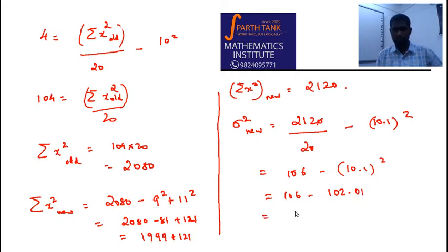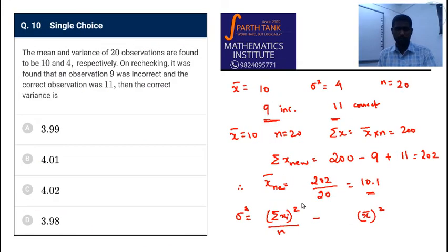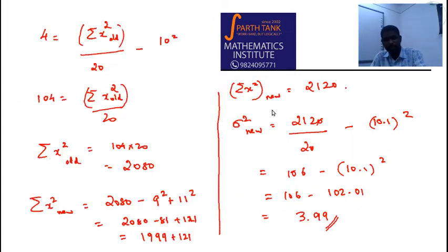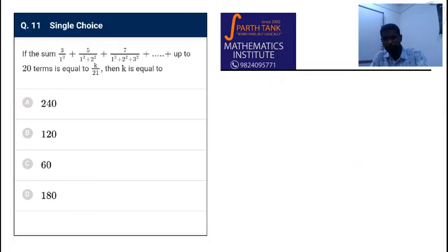Okay, and this on subtraction is 3.99. So the answer is 3.99, option A. A very simple problem, nothing much to worry. Just correct the new summation of x and correct the new summation of x squared. Okay, question number 11.